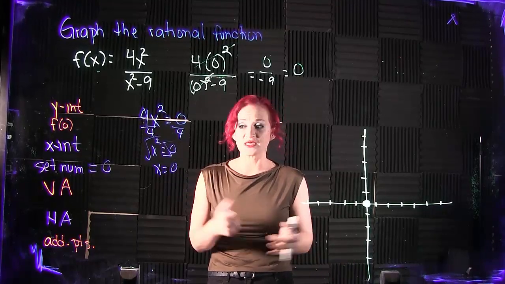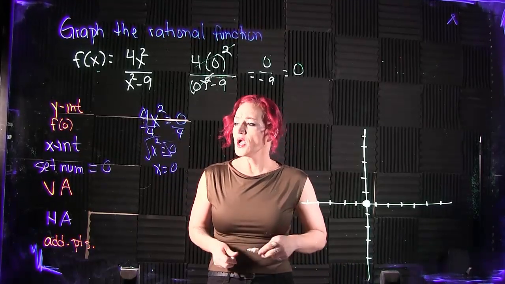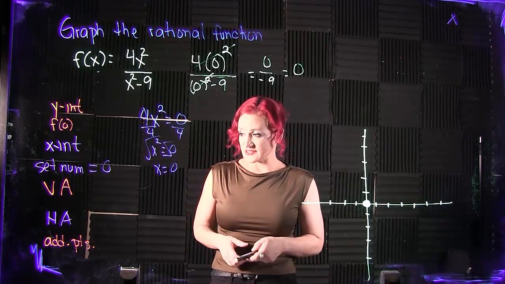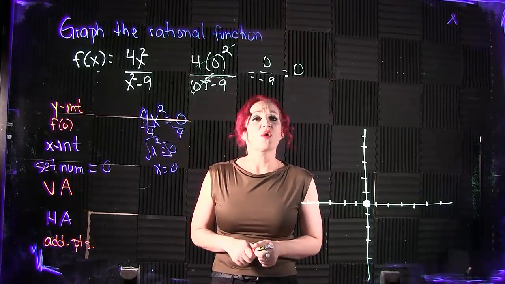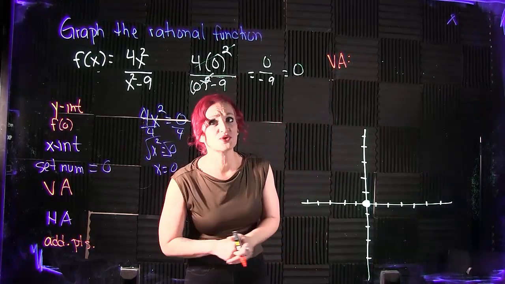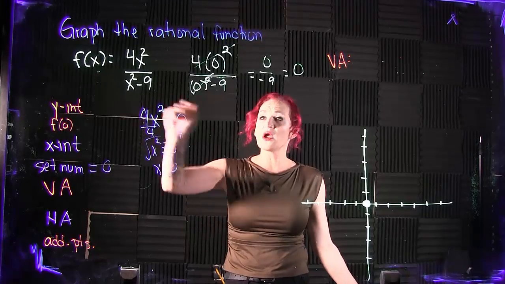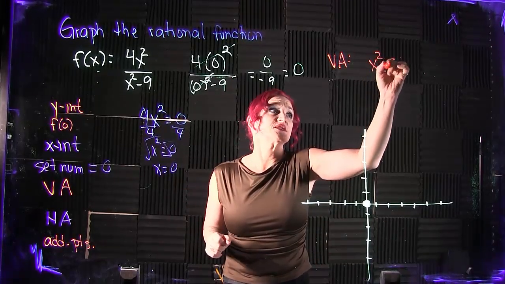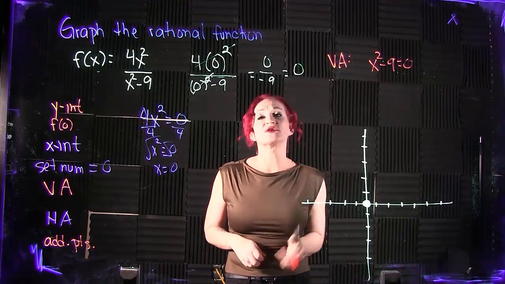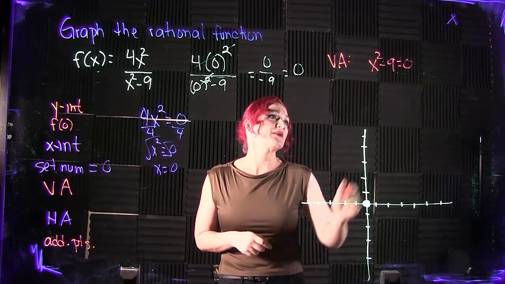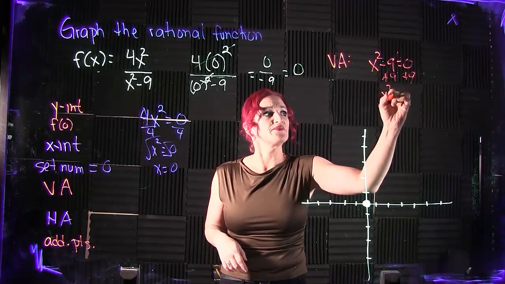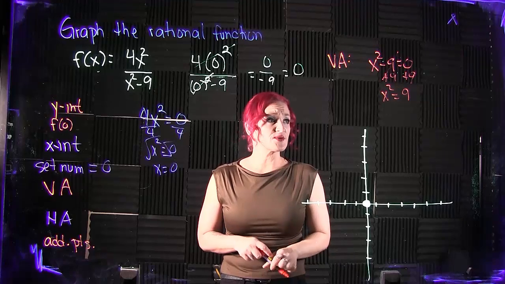is our y-intercept and our only x-intercept as well. The next thing that we typically look at is finding the vertical asymptotes of our graph. In order to find the vertical asymptotes, you want to take the denominator, set that equal to 0, and solve that. So we're going to take our denominator, which is x squared minus 9, and solve this by adding 9 on each side, giving us x squared is equal to 9.